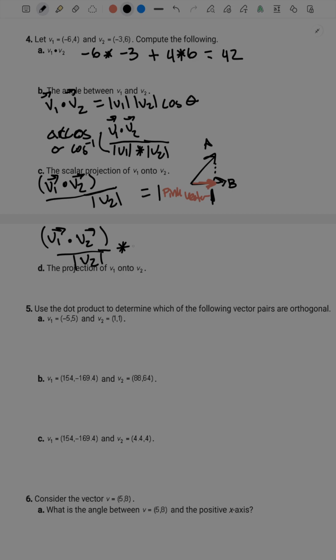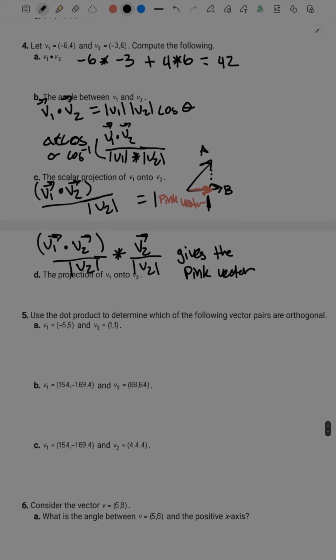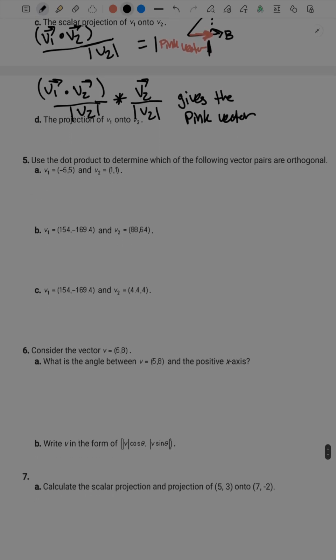So we're going to be multiplying this by v2 over the magnitude of v2. And this way, in our little picture, this gives you the pink vector up there, the whole vector itself, including its length. And I'll let you compute that for the vector specified on your own.